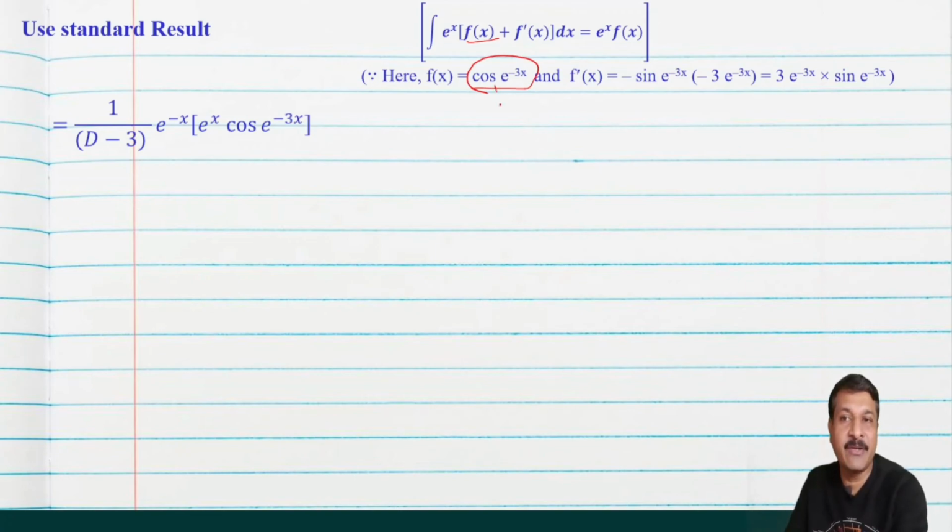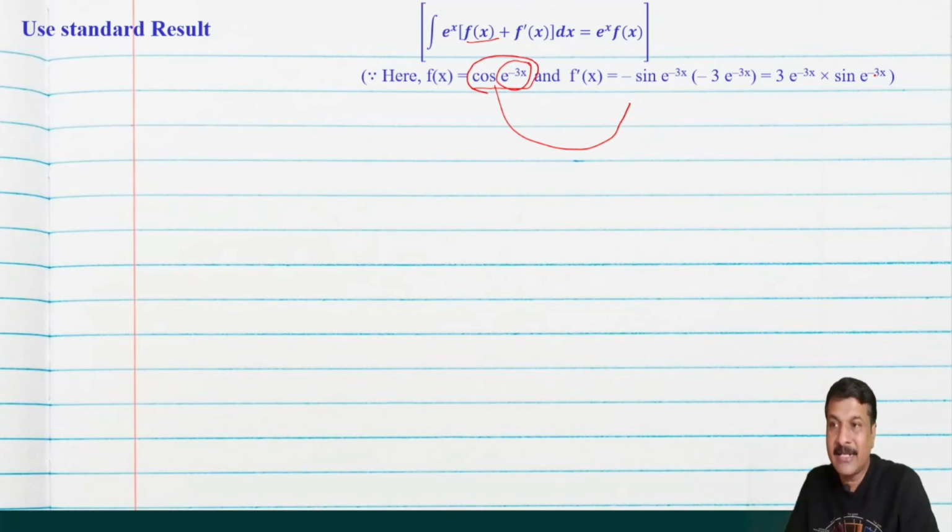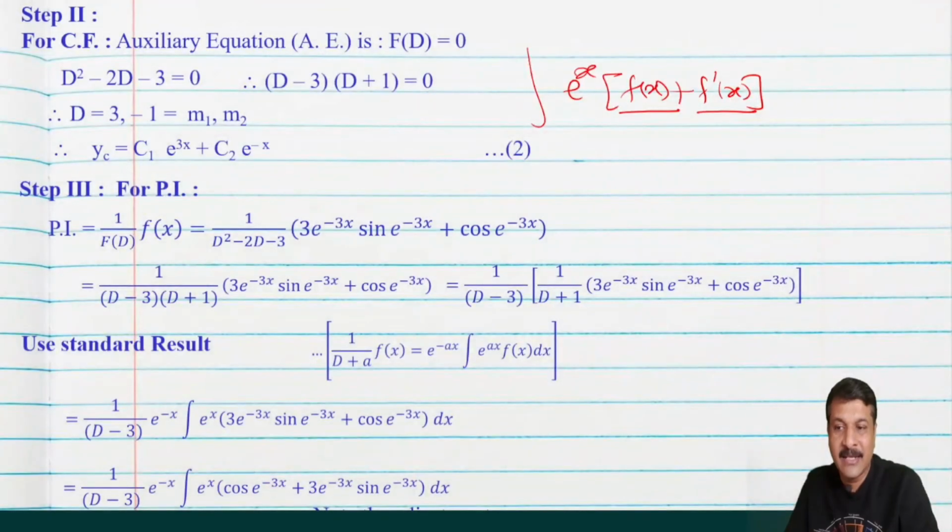So what is the derivative of it? It is minus sine e raised to minus 3x into the derivative of this, which is minus 3 e raised to minus 3x. If we simplify this, we get 3 e raised to minus 3x into sine e raised to minus 3x, and that is why I can consider here a function and its derivative. Getting?